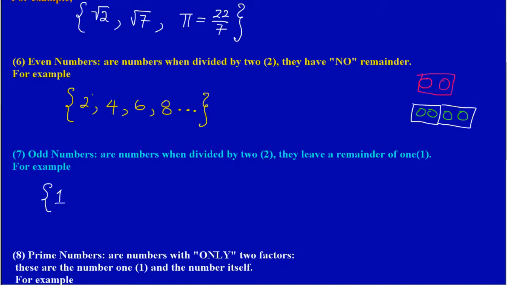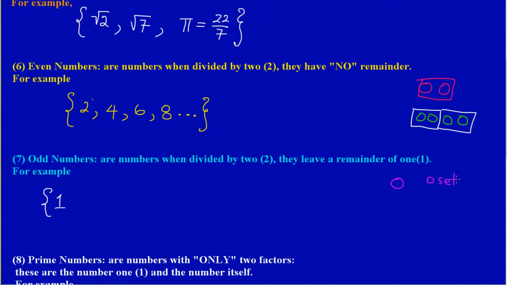If I have 1 marble, I can ask myself, let's divide 1 by 2. How many sets of 2s can I get out of that? I can get 0 sets of 2s, because 2 can't divide into 1.